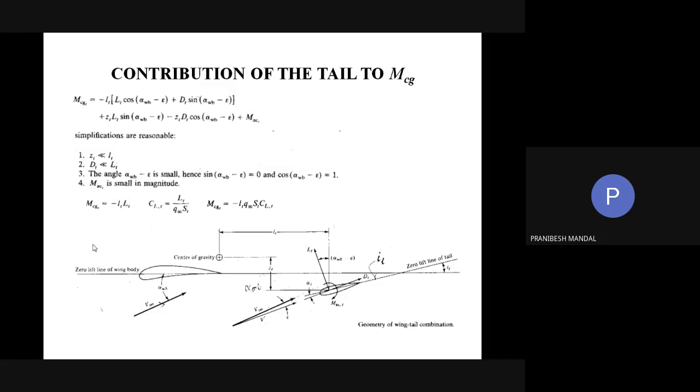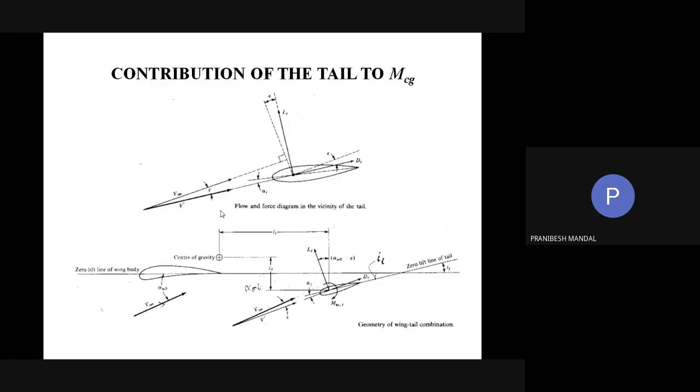If we are finding this for the tail, then the CL of T will be given by this LT by Q infinity into ST. But can you really normalize MCGT with respect to the tail only?